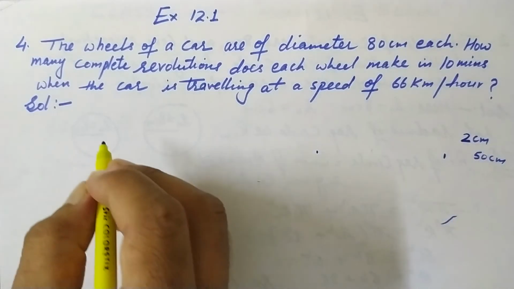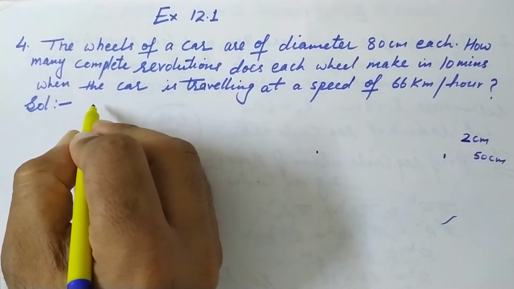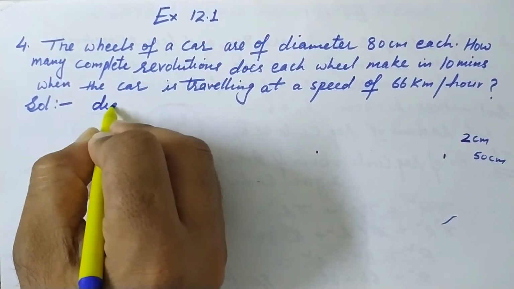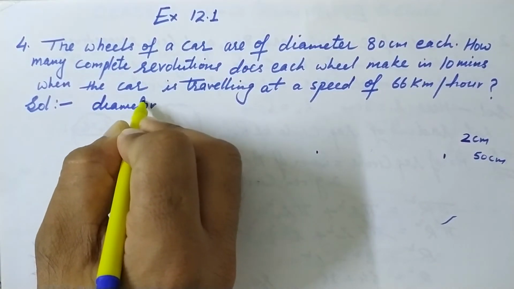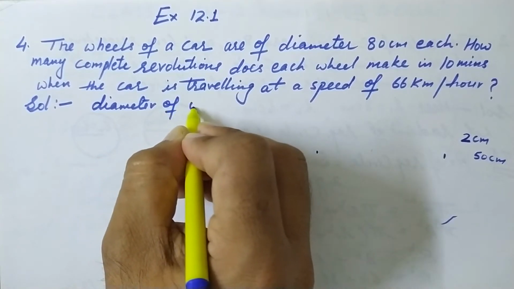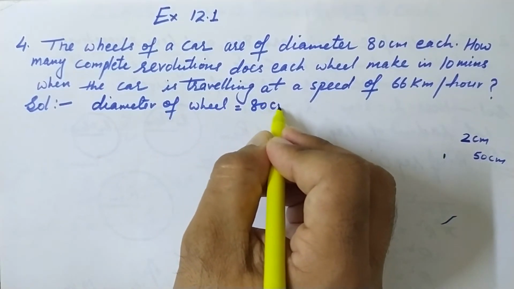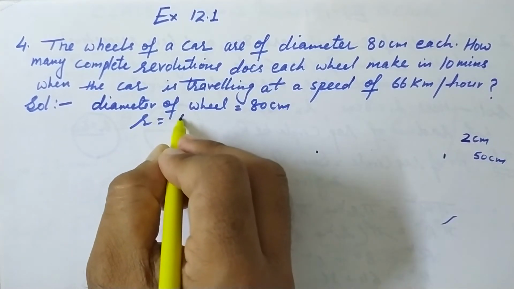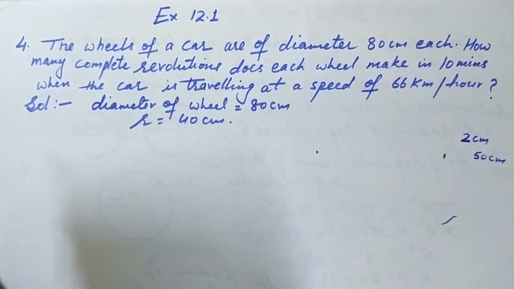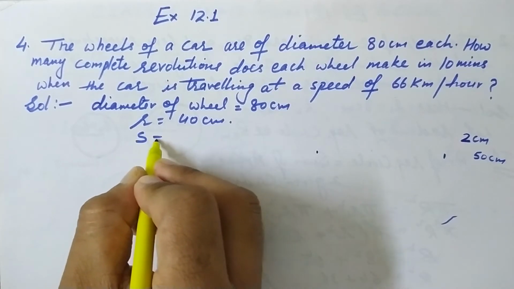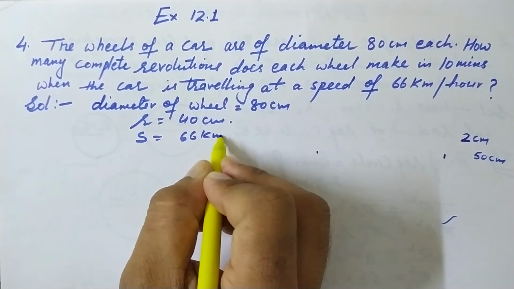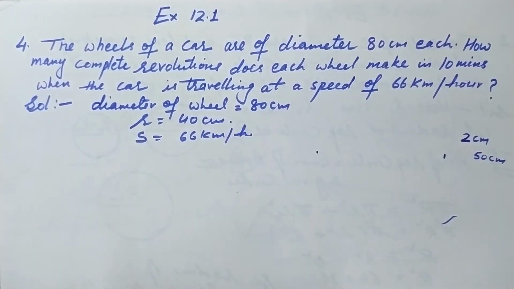So let's start. First of all, we have the diameter of the wheel, it is 80 centimeter. So radius is 40 centimeter. Now speed is given here, 66 kilometer per hour, right?